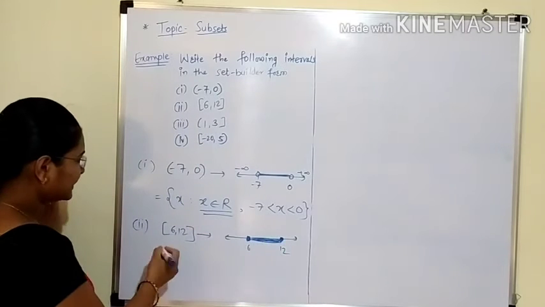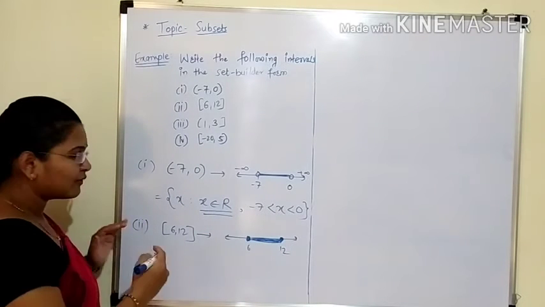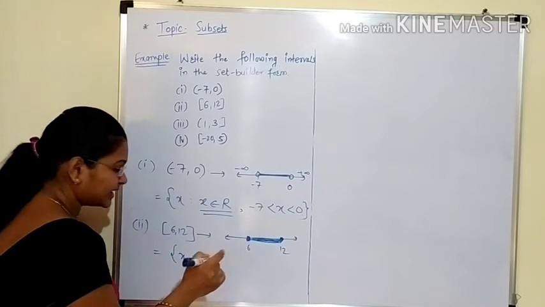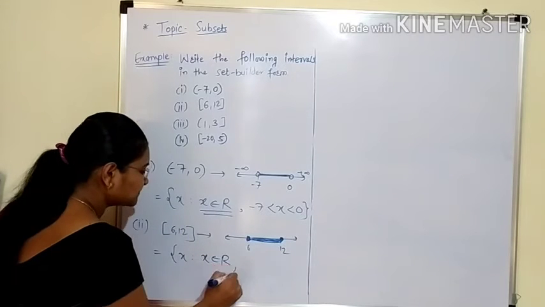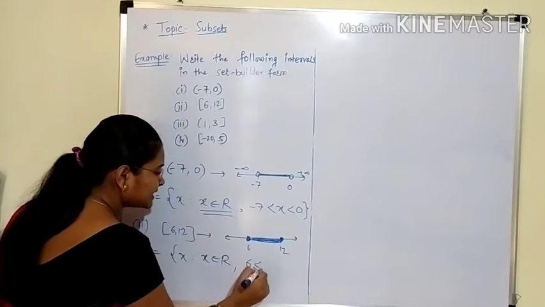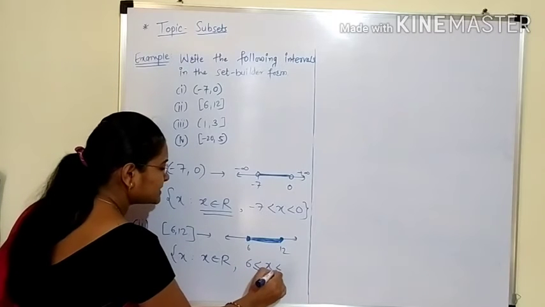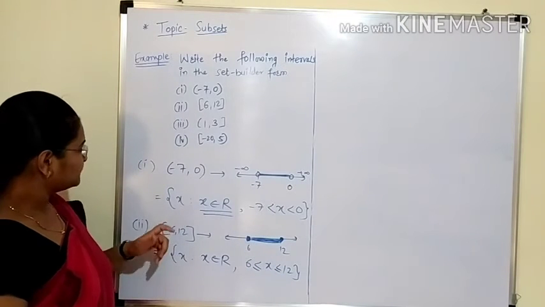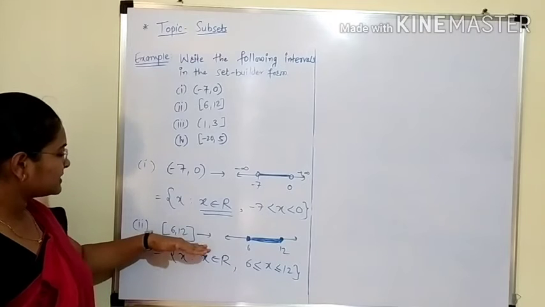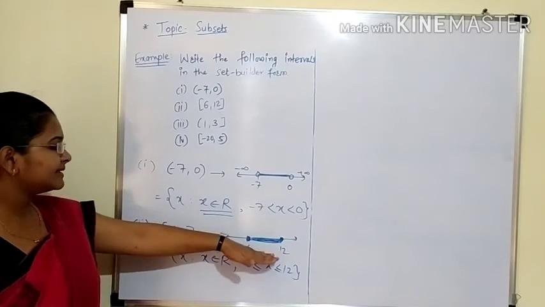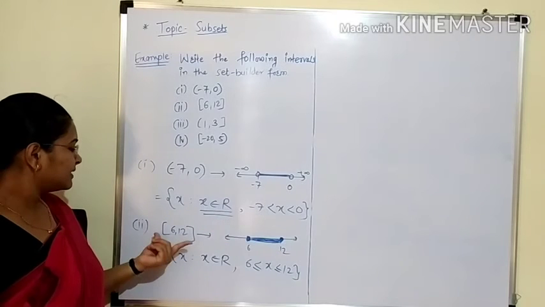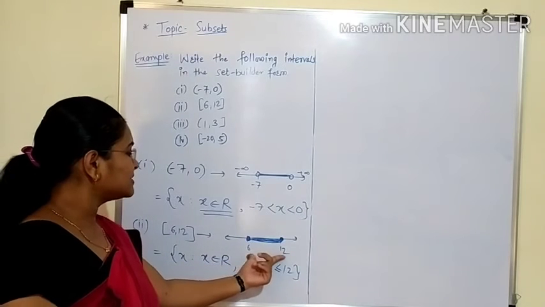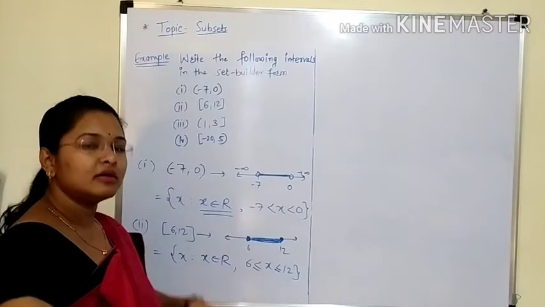So the interval in set builder form is set of x such that x belongs to the set of real numbers and 6 less than or equal to x less than or equal to 12. Any doubt is there? Whenever we represent any interval on the real number line, the brackets indicate whether the endpoints are included or not.